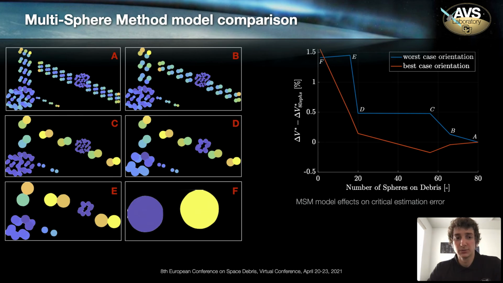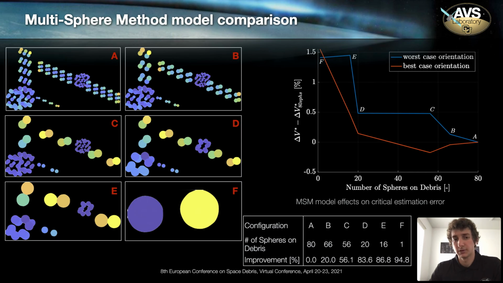But the reason for that is that between configuration C and D, we only decrease the number of spheres of the spacecraft bus. And the spacecraft bus does not have a huge effect on the attitude effects. So this shows that if we focus the distribution of the spheres of the MSM models on the structures like solar panels, then we can have a pretty high accuracy while using less computational effort. For example, for configuration D, we can decrease the computational effort by about 80%.